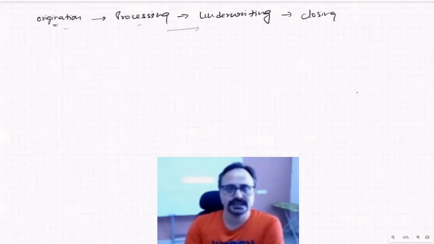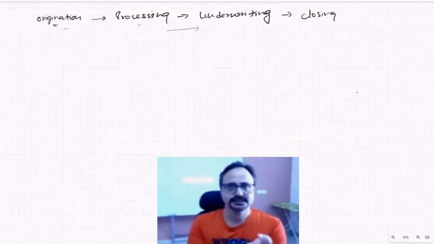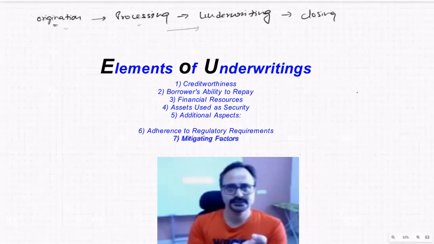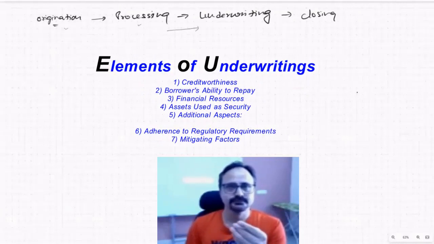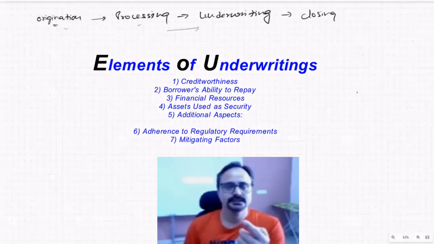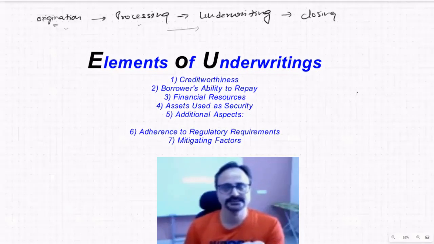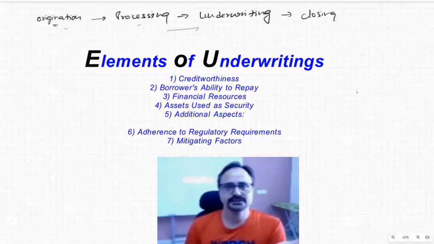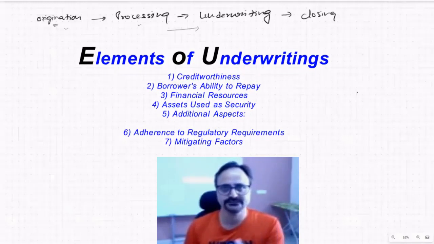We know what happens in underwriting: they scrutinize the entire file in different steps. The first step is credit, then capacity, then capital, collateral, and then conditions, and they might need to check compliance as well as use compensating factors with their common sense. So these are the different C's.